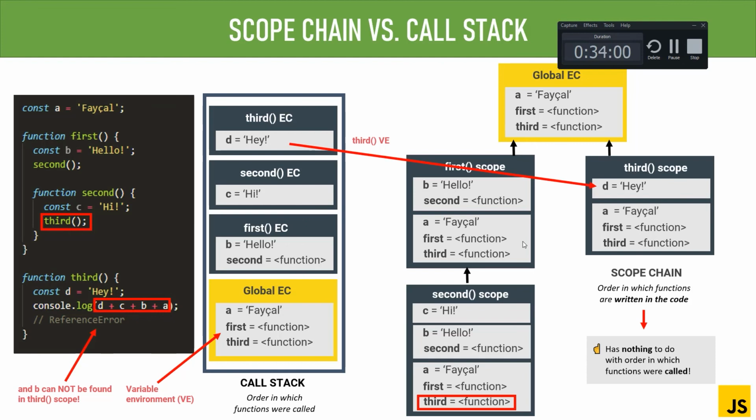And with this, I hope I made it crystal clear that the execution context, variable environment, call stack, scope, and the scope chain are all different, but still very related concepts. And if it is not yet crystal clear, then it is no problem to maybe rewatch this video, or maybe even this entire video a little bit later.